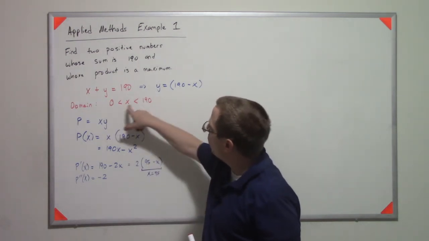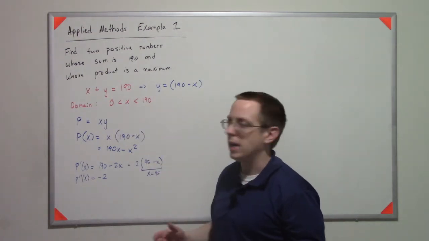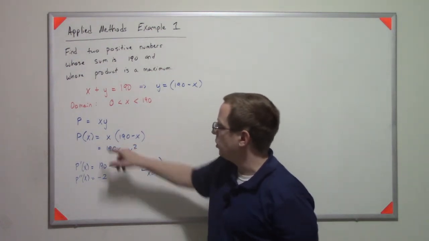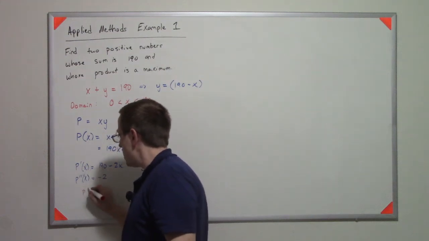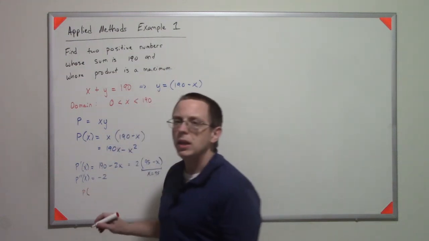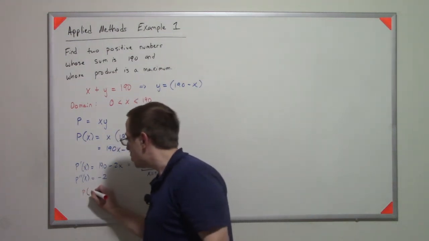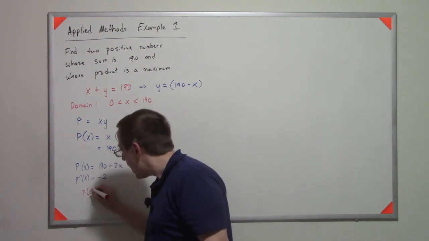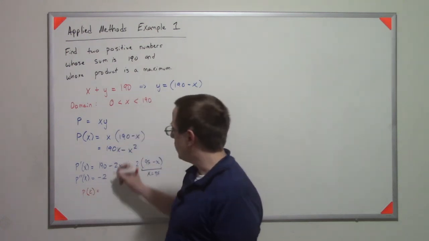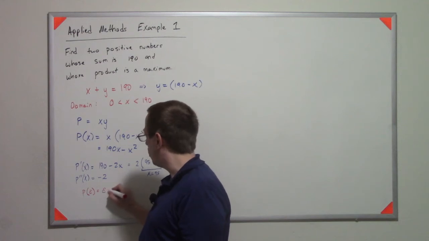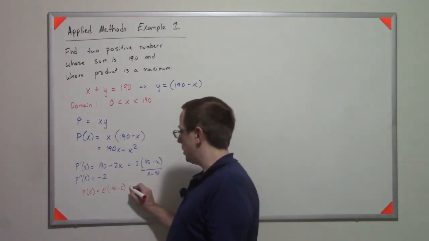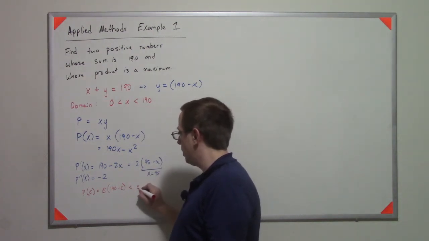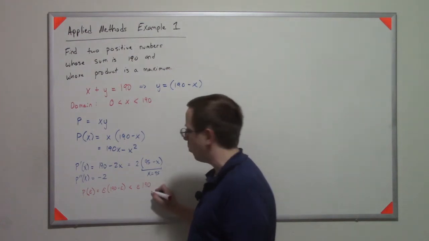Technically speaking, we can't include 0 or 190, but if we were able to, in the original function we could say P of, instead of 0, a really small number, let's call it epsilon. That would be a really small number times 190 minus a really small number, which is less than that small number times 190.